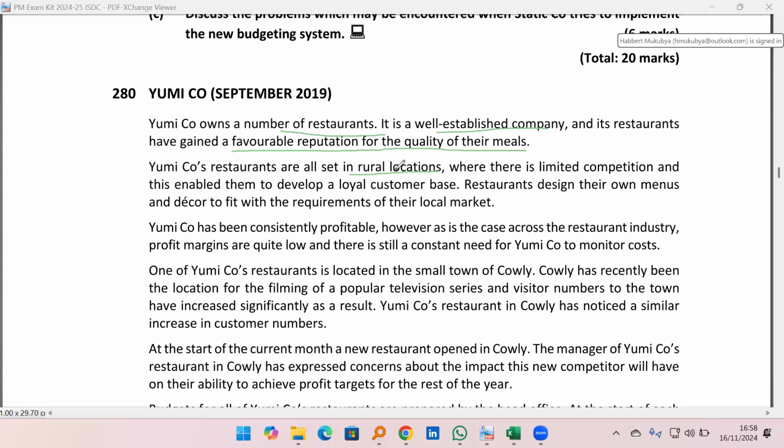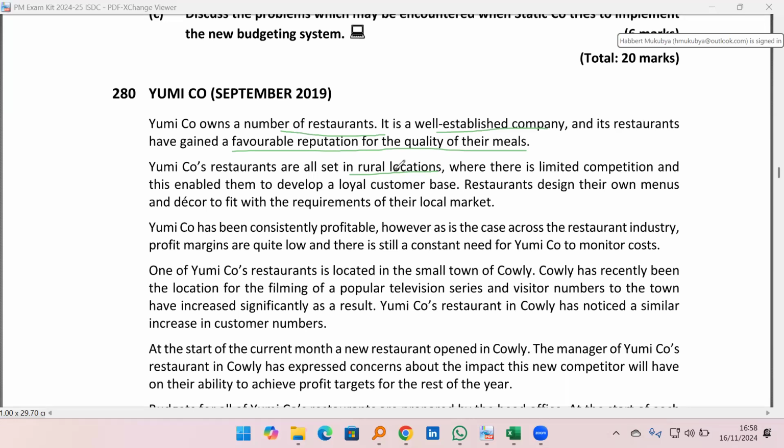Everything they tell you is important. So what is going to be the difference whether you are in the rural location or whether you are actually located in a place which is maybe a city? Is there going to be a difference? I don't know, but that's something that you may need to find out.